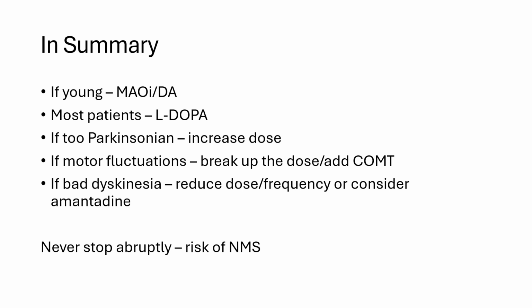So this is a bit of a summary of what's going on. I didn't mention MAO inhibitors earlier, but essentially the MAO inhibitors can sometimes be used first line if a person's young.